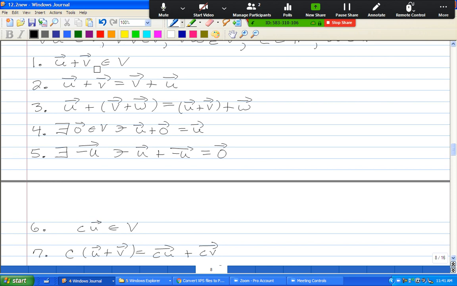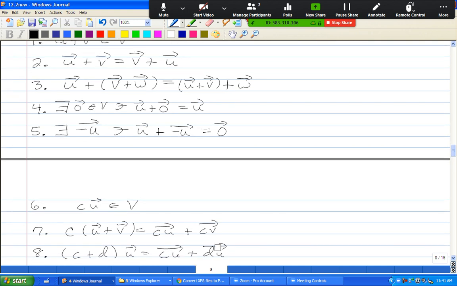Next, I have that scalar multiplication distributes over vector addition. So the scalar C times the sum of the vectors U and V is just the sum of the vectors CU with CV.